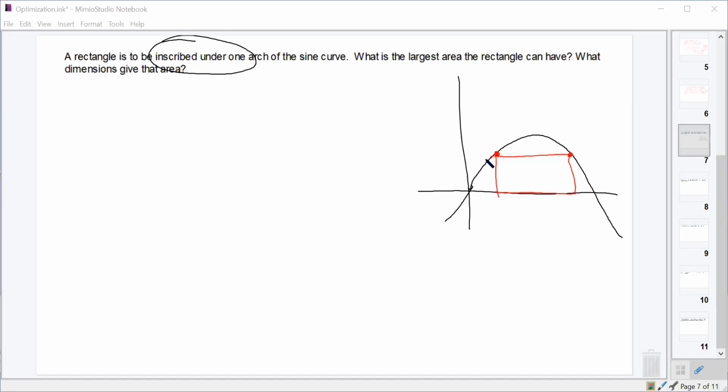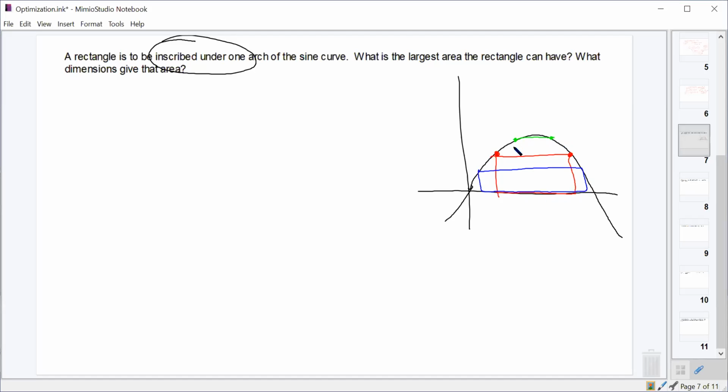All right, and so we want to know what's the largest area that rectangle could have for just the basic sine curve. Because I could draw a lot of different rectangles that looked like this, right? Can I draw one that looked like this? That rectangle would meet those criteria, wouldn't it? Which one's got a bigger area? Well, probably the red one, but it's kind of hard to tell.